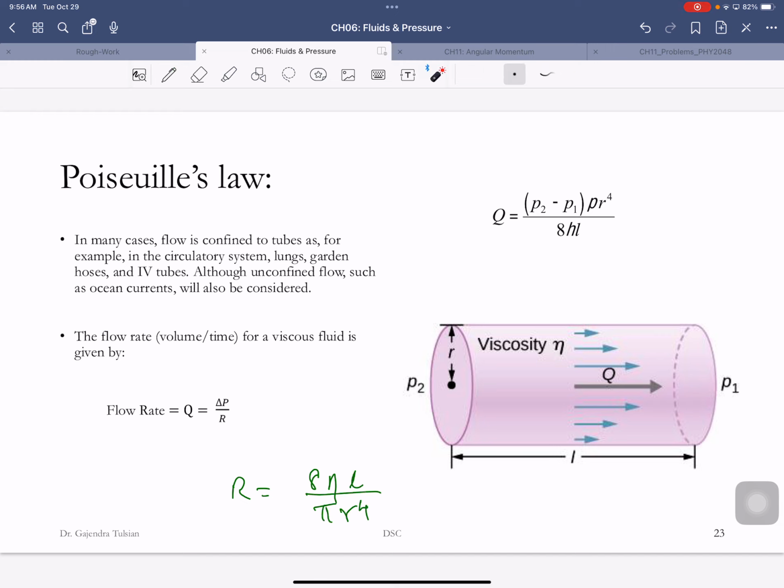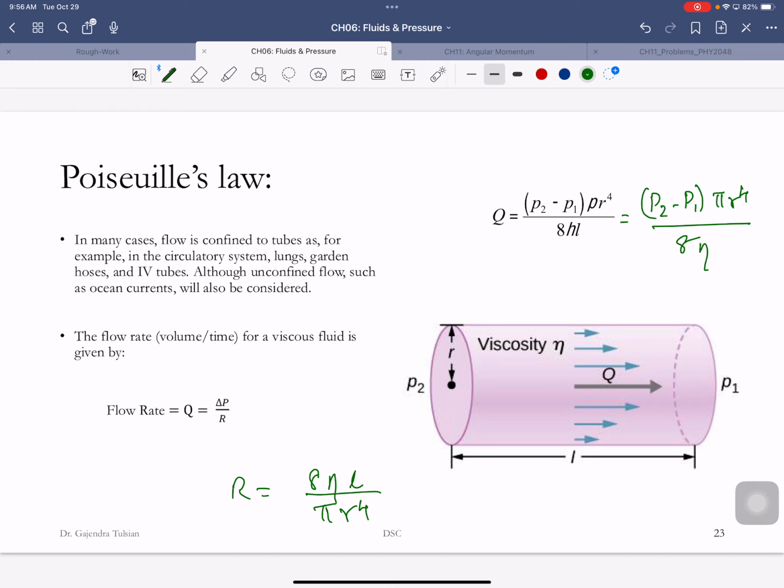When you put that formula in here, there's this formula. This PDF conversion didn't work properly. Here is the correct one: pi r to the power 4 over 8 eta L.